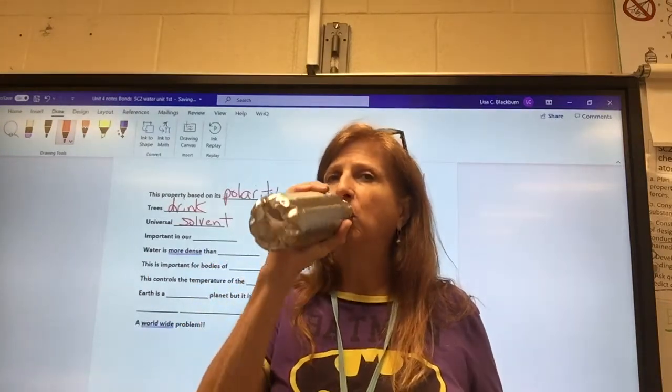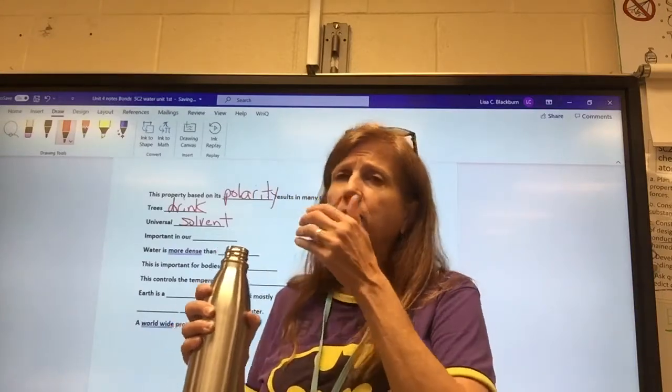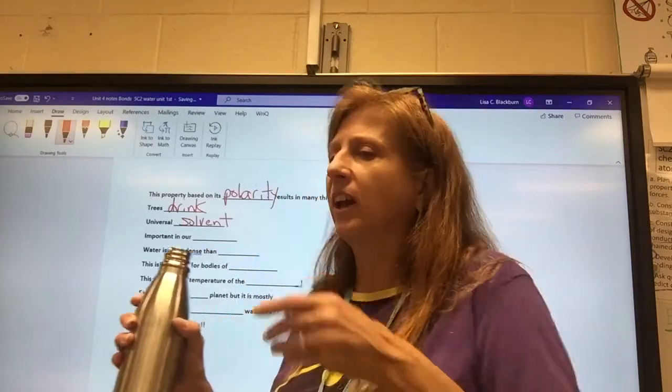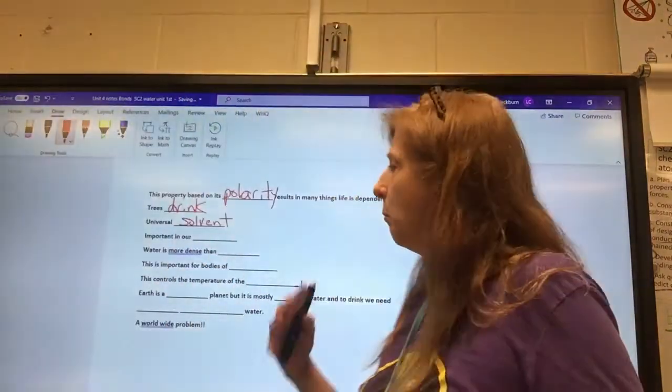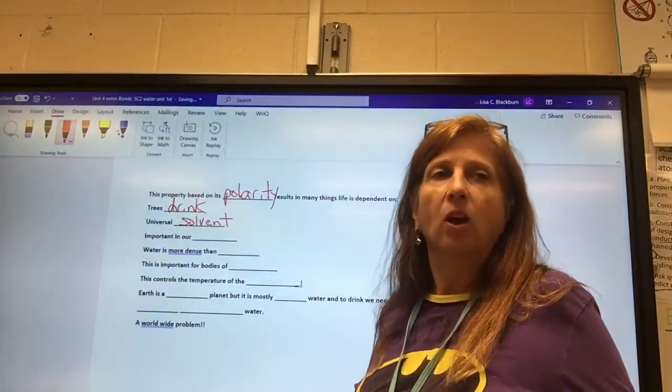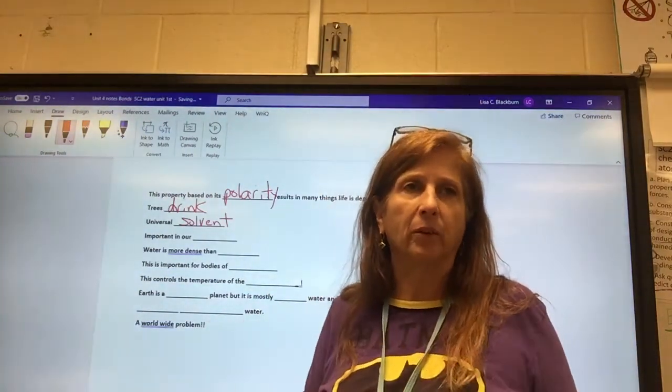Did you learn that? Passive transport, active transport, remember that? So passive transport with osmosis, water can carry things. Water dissolves things like nutrients, and then it carries things where they need to go.